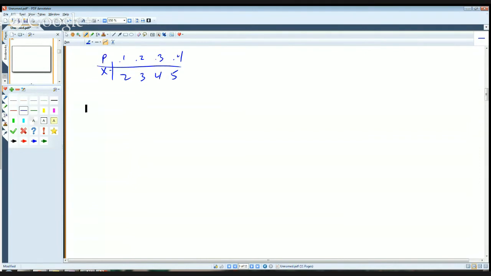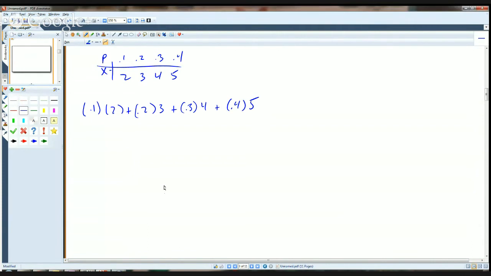So the mean in this case is 0.1 times 2 plus 0.2 times 3 plus 0.3 times 4 plus 0.4 times 5. And then let's just show how to do that in R real quick. Or wait, let's derive the variance too. So we'll call that mu.